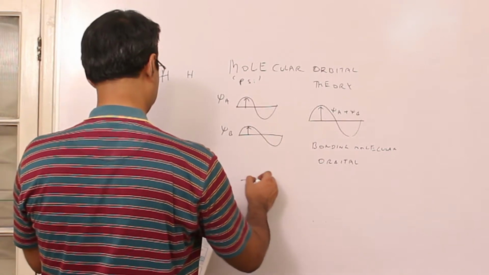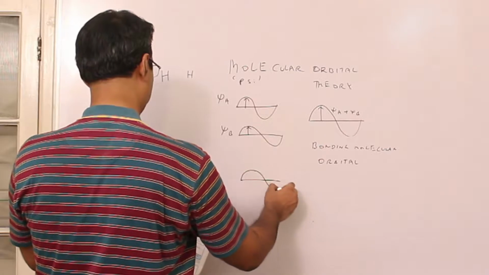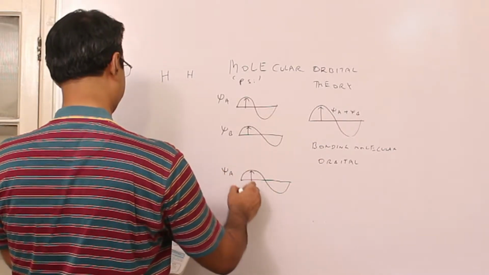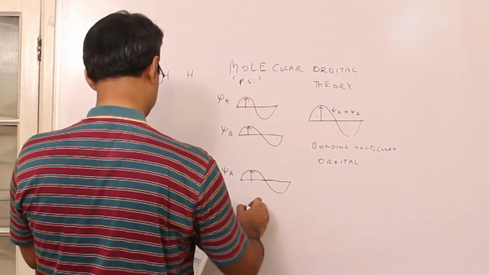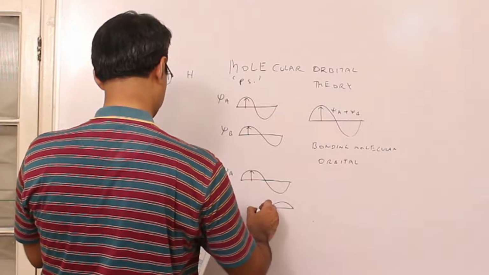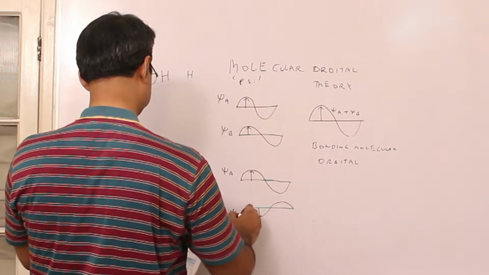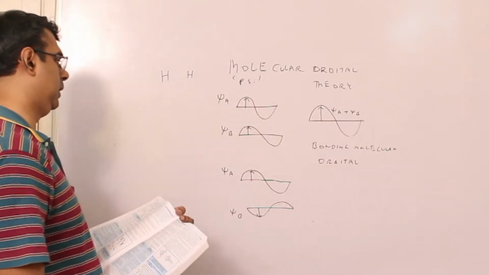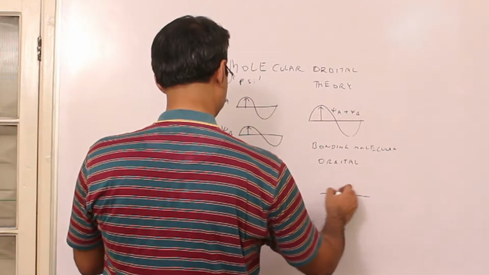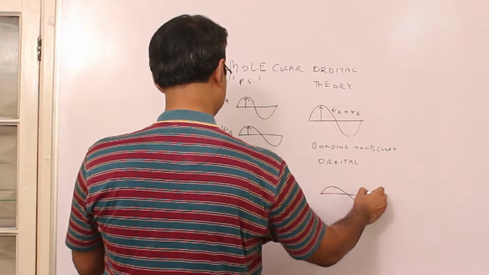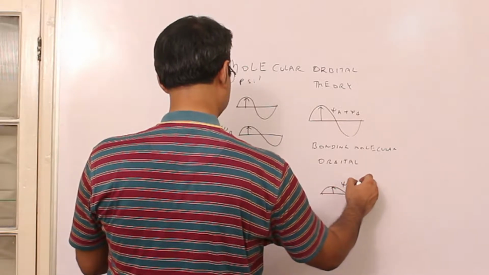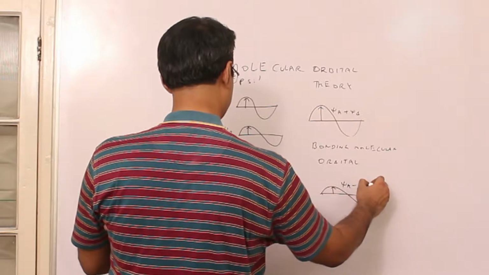And if the two electron waves are in this manner before they overlap, then the overlap of these two will give a resultant whose amplitude is psi a minus psi b.